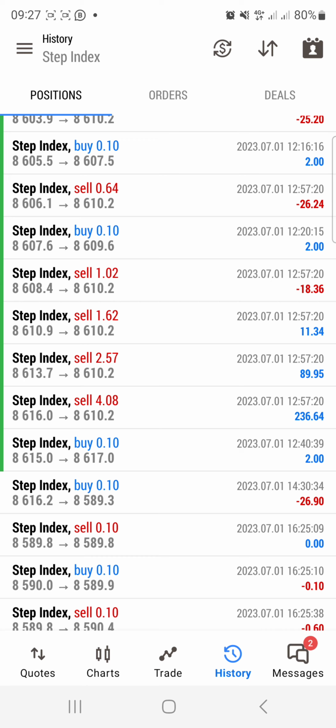Because for you to open 4 points, it means that the 2 points was also in negative. You can see the 2 points was opened at 8,613 and the 4 points was opened at 8,616. That means the 2 points entered negative to that level.